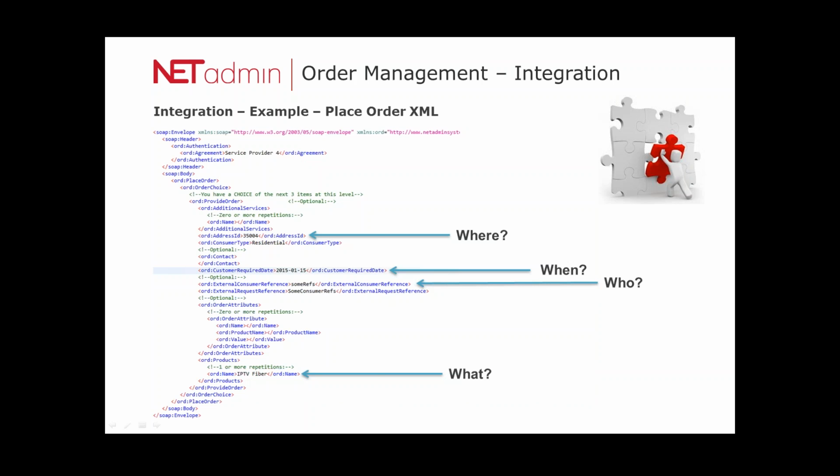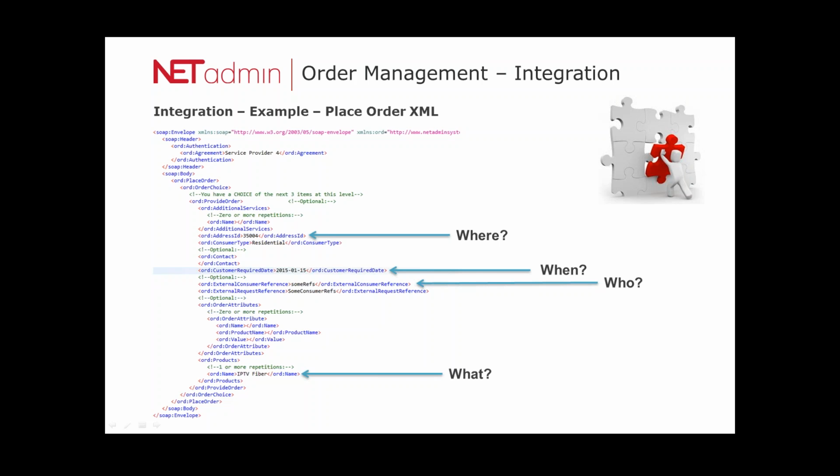And when you send this order from the integrating part, no matter choice of language, actually, it will end up in something very similar to this. And what you will see here is that it contains some parts which are very important for the order itself.